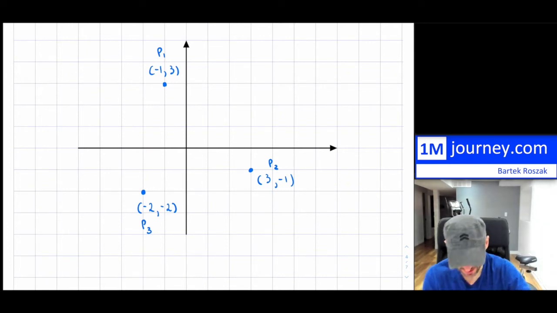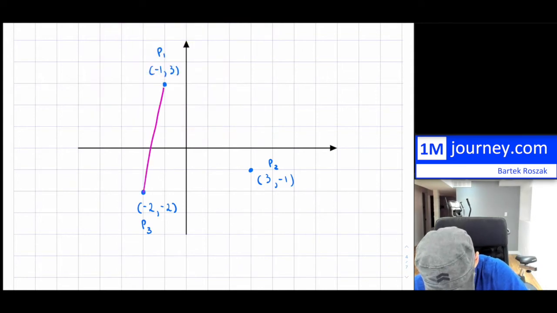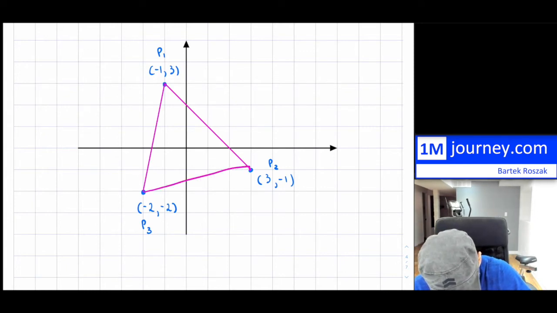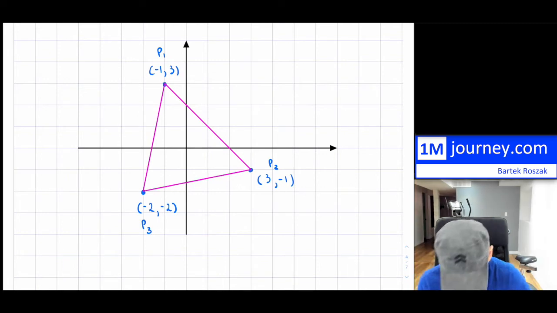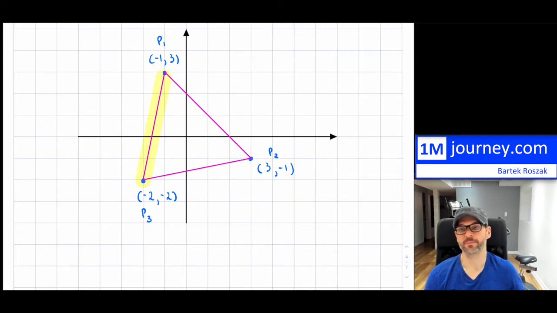So obviously this is a triangle. I'm going to draw this triangle out in here. So here's my triangle, between all of these points, and this is all nice. And maybe I would even be able to tell just by drawing what type of triangle this might be. So what we want to do is find how long each line segment is.